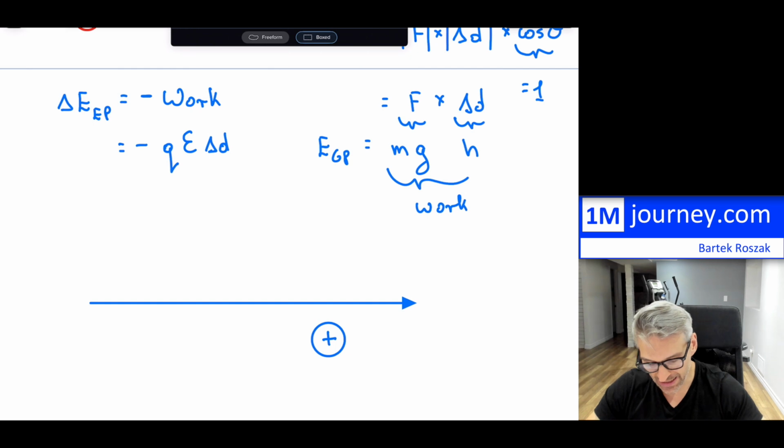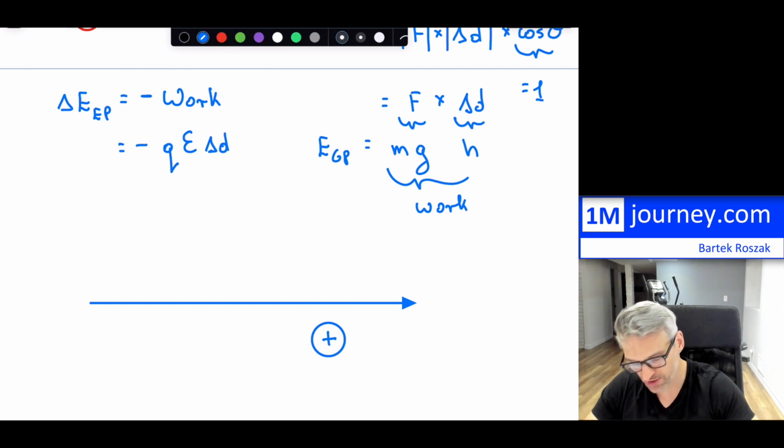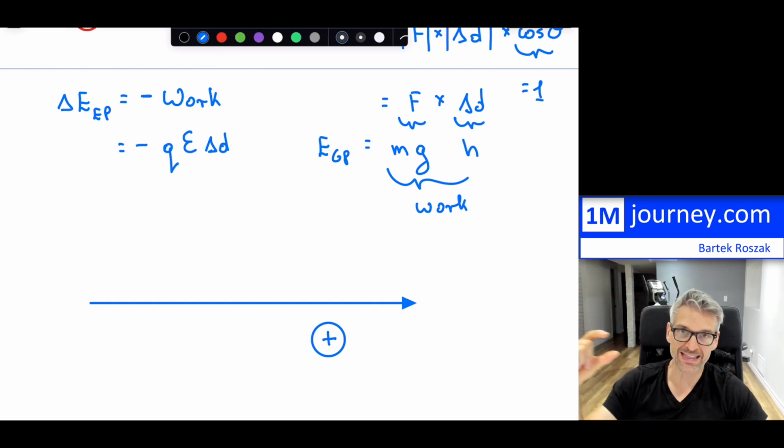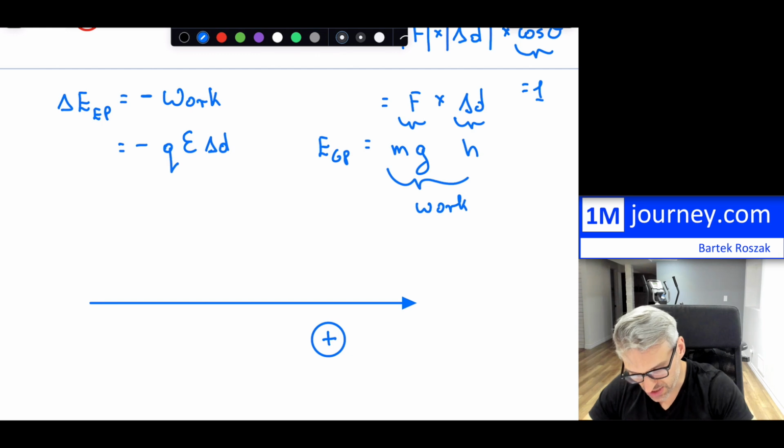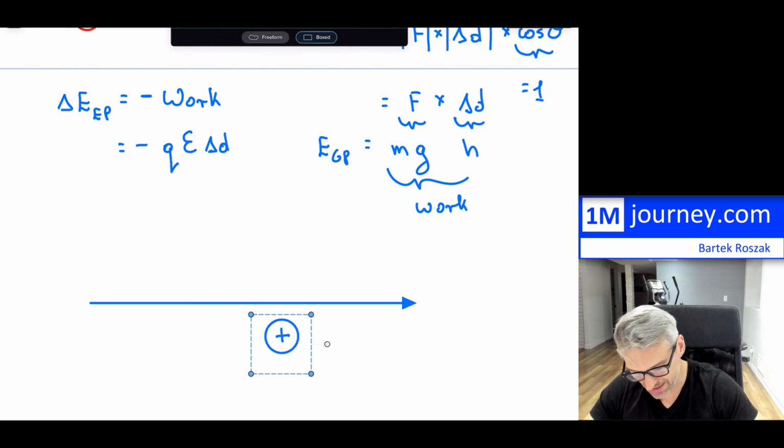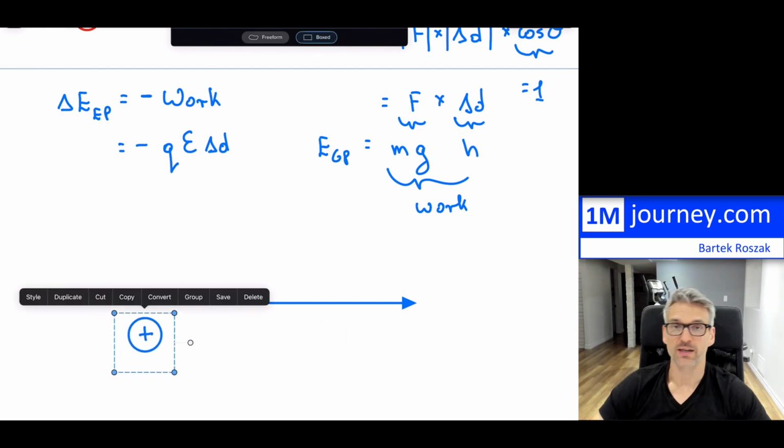When it is positively charged and moving in the direction of the electric field, it is going to be losing potential energy. If it is moving in the opposite direction, going against the electric field, then it is going to be gaining, so it is going to be positive. So that's how you can think about that.